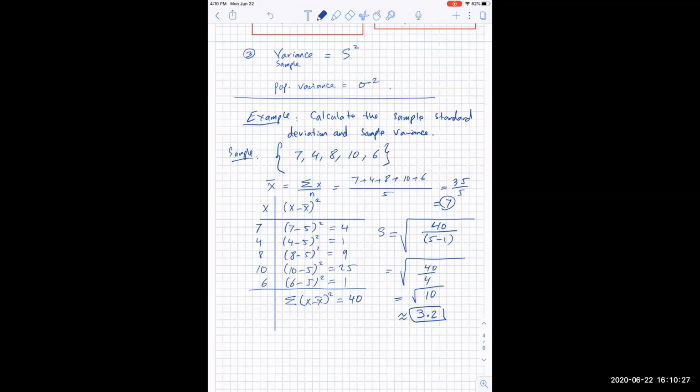Notice how I divided by n minus 1. Divided by 4. And then I took the square root.